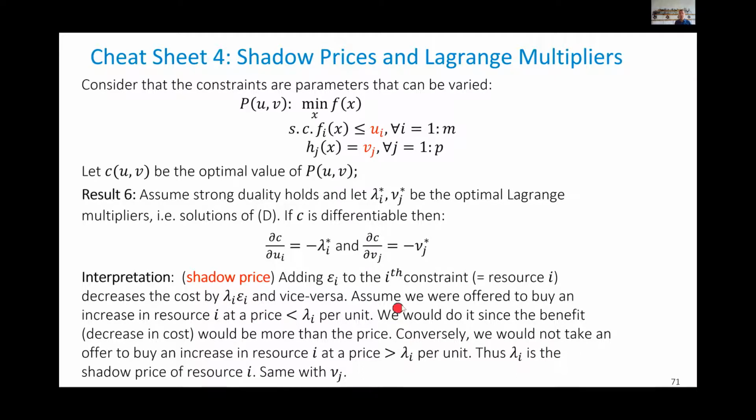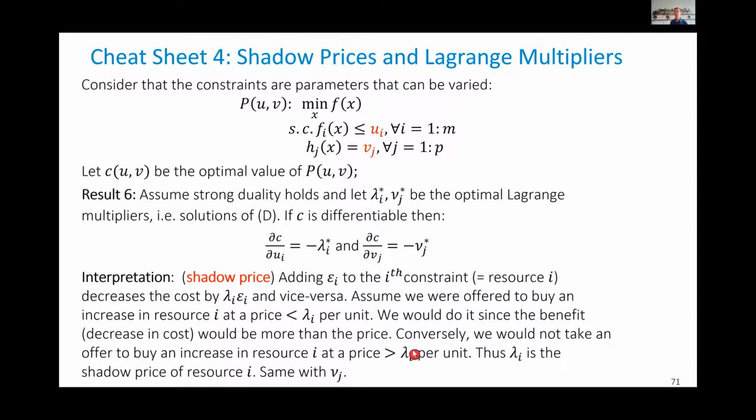So if I'm offered to buy this augmentation of the constraint at a price that is less than lambda_i, then I should buy it, because my cost will be reduced by lambda_i epsilon, and I've paid less than lambda_i epsilon. So if I'm an optimizer, it's rational to buy this increase of the constraint whenever the price is less than lambda_i.